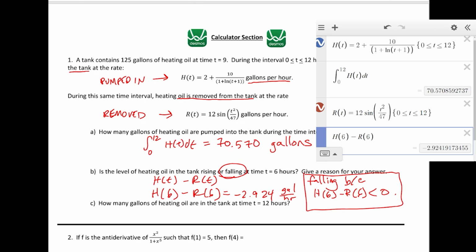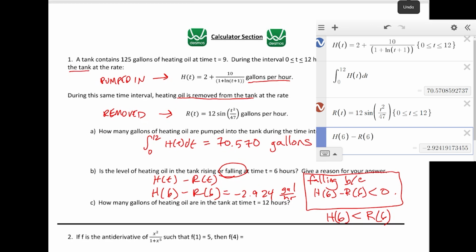And if we rearrange that inequality and say, okay, well, the rate at which it's being pumped in is less than the rate at which it's being pumped out, then this would be an acceptable answer as well. And I kind of like that answer better. I think it communicates what's happening a little bit more clearly than the other inequality. But you don't have to write it like that. I just want to throw that out there in case that helps it make more sense to you.